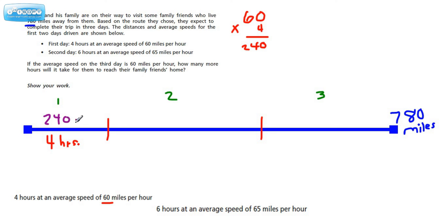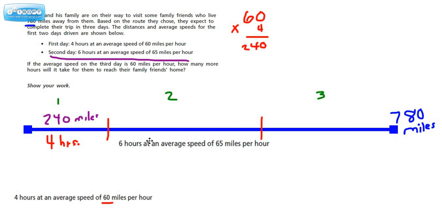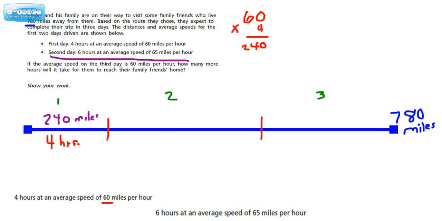It's kind of far. All right, let's think about day 2. So they give us this little nugget right here, or I wrote it right here. We're going 6 hours for an average speed of 65 miles per hour. So let's write down here the number 6 hours.